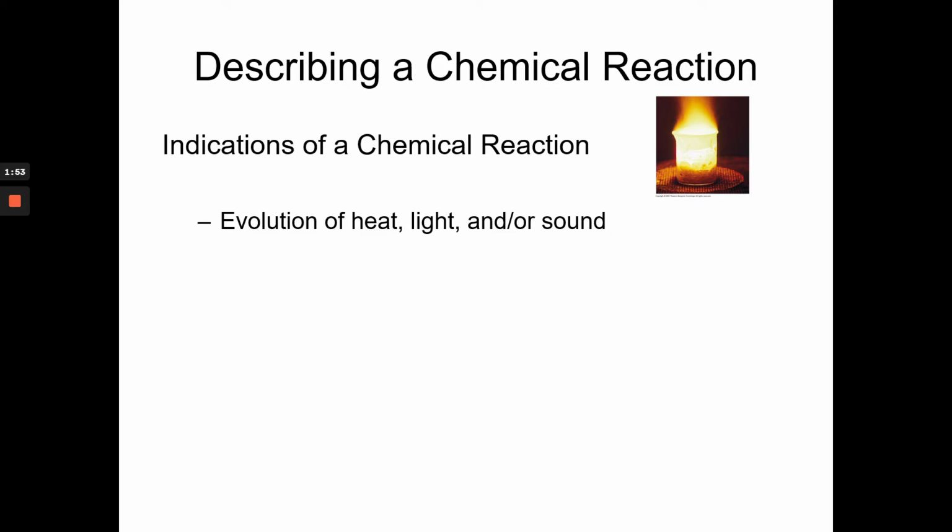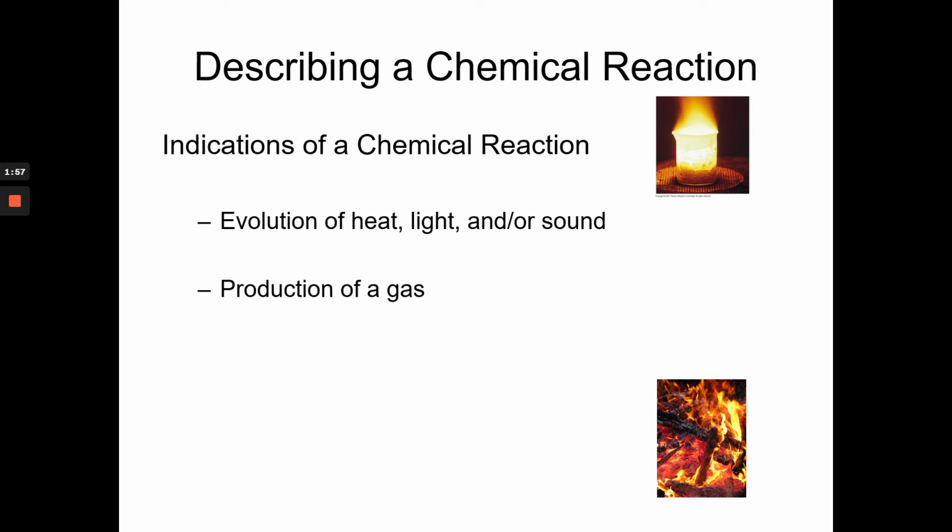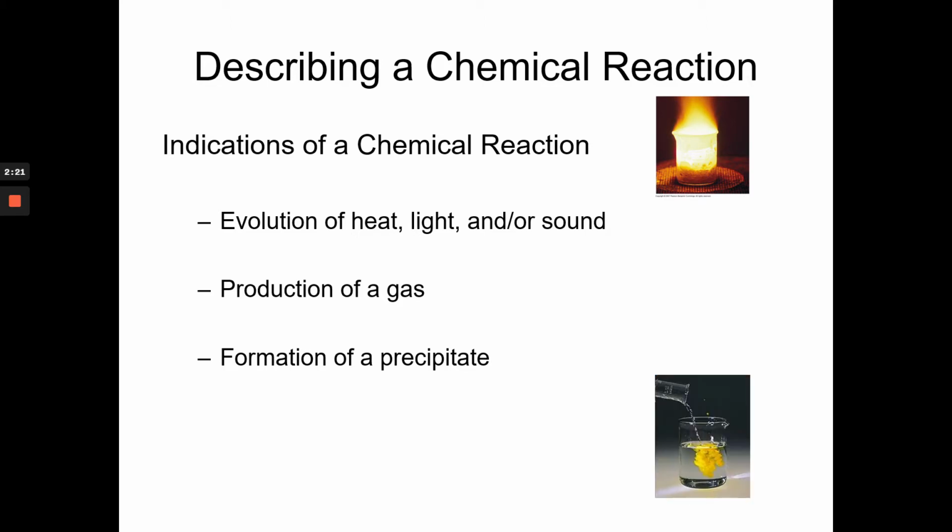Those would be examples. If something produces a gas, if you dump two chemicals together down a sink and it starts making a green gas or a brown gas or a red gas, that's generally indication a chemical reaction is taking place. Or if you dump together two liquids and they form a solid, what's called a precipitate, little chunks form in there, that's an indication a chemical reaction is occurring.